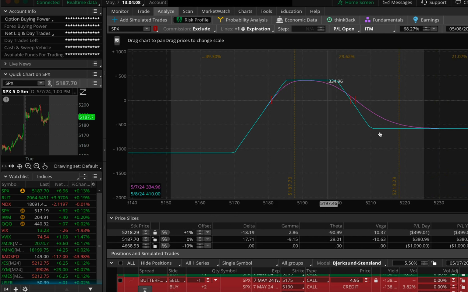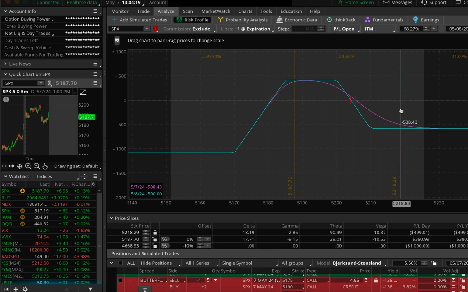What I'm going to do with these vertical brown lines is set the profit area for this tent to see how much extra room we actually bought with that adjustment. So I'll just set this right on top of that red mark, which is the break even. So there's that one. And then I'll just move this one over to the other side.